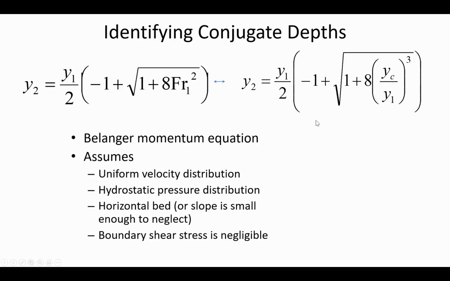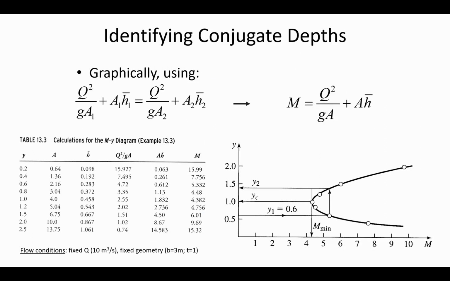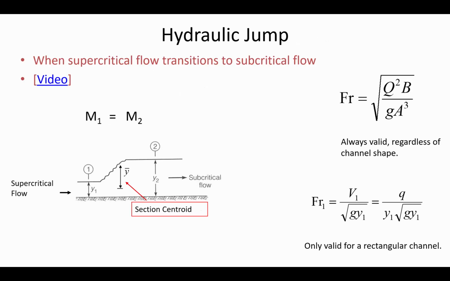And it has some assumptions that we have to be aware of before we apply it. It's assuming that the velocity distribution is uniform. And this is a tricky one. It makes the math a lot simpler. But do you remember what I mean by velocity distribution? Let's look at a channel profile. Velocity distribution is saying, what's the speed of the water at the bottom versus the speed of the water at the top?